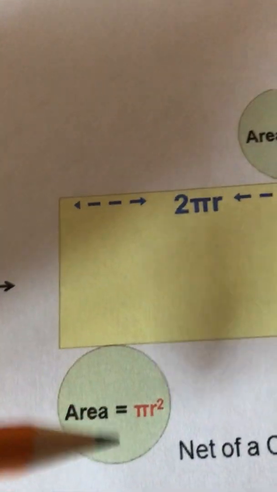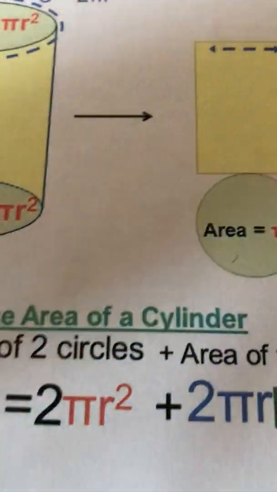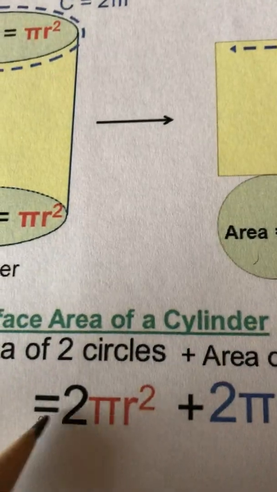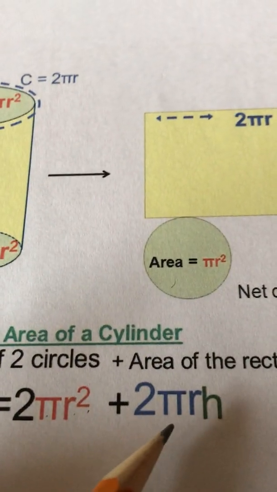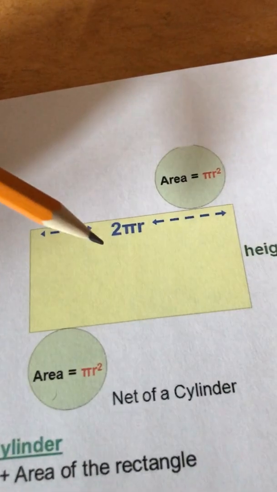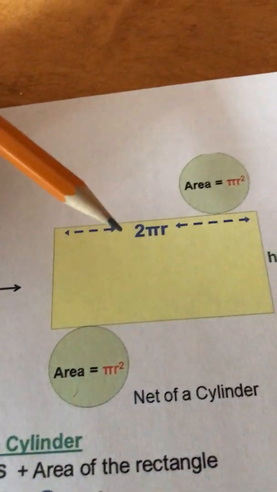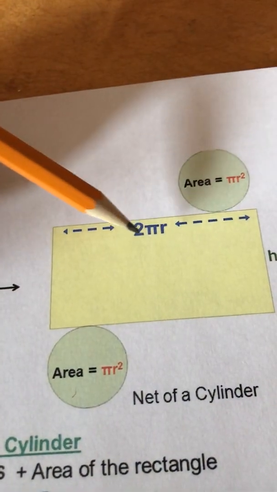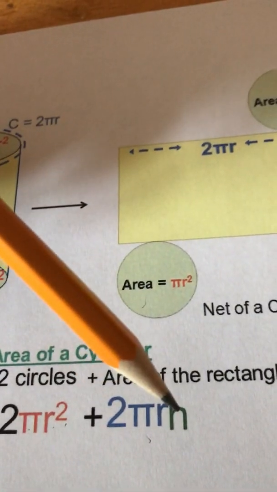And how many circles are there? There's two of them. That's where they get the 2 pi r squared. Well, where did they get the 2 pi r h? Well, wasn't the formula for circumference 2 pi r? Yeah. And times height, 2 pi r h.